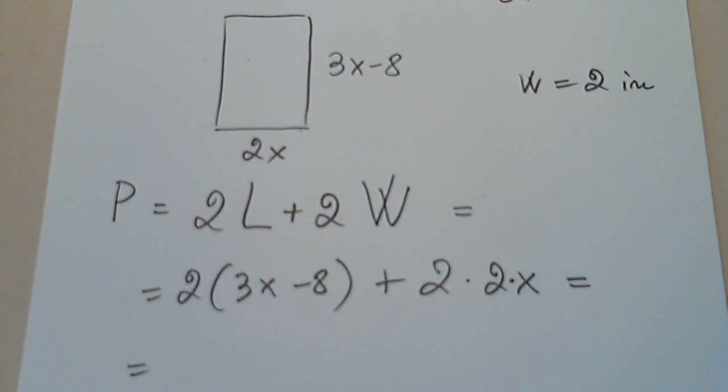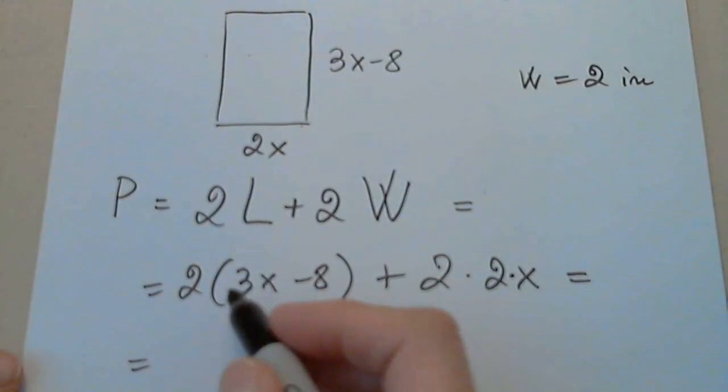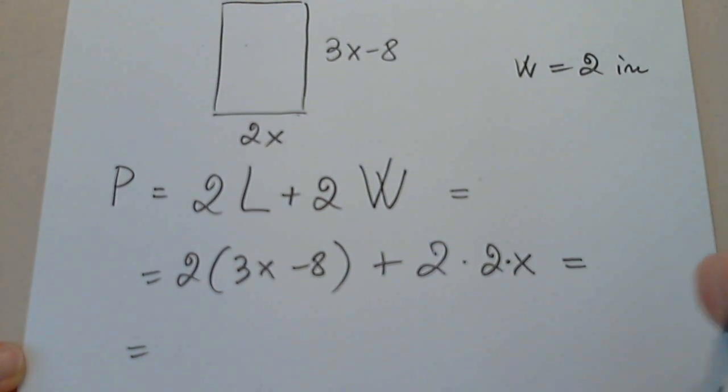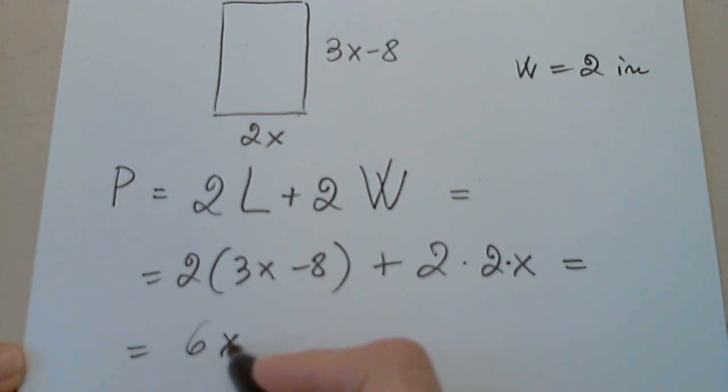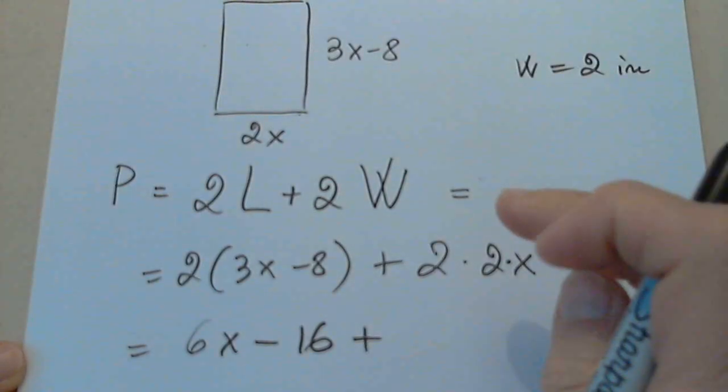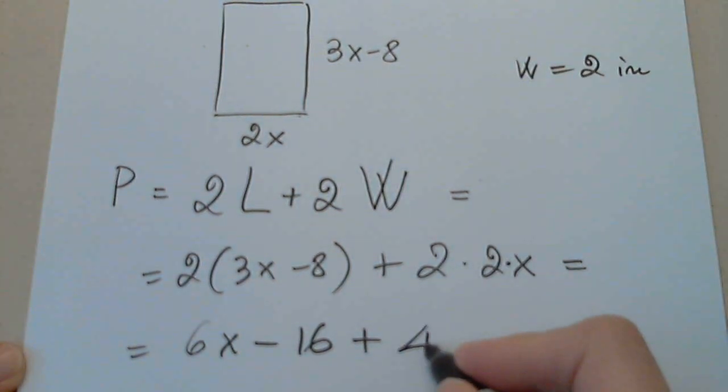So we have to start with parentheses. So then, what do we get? Let's distribute. So we have, anybody, please? 6x minus 16. Yes. Plus 2 times x, which is 4x.